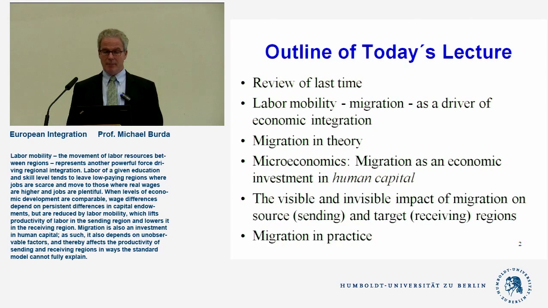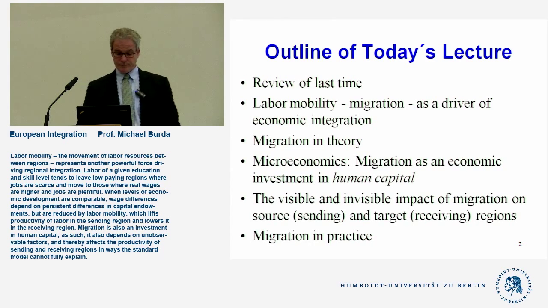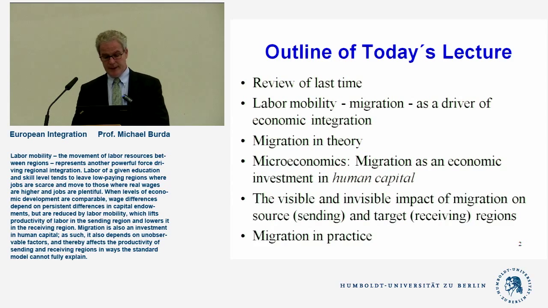And it also had a very positive effect on the West German regions. You can see this in the European context, Eastern European, Western European migration. You can see it in the United States. You see it in general across the world, global migration patterns.